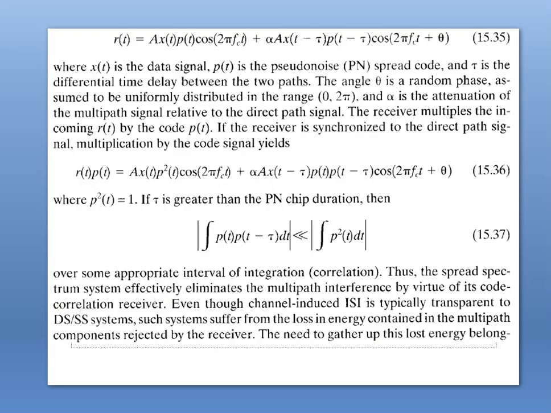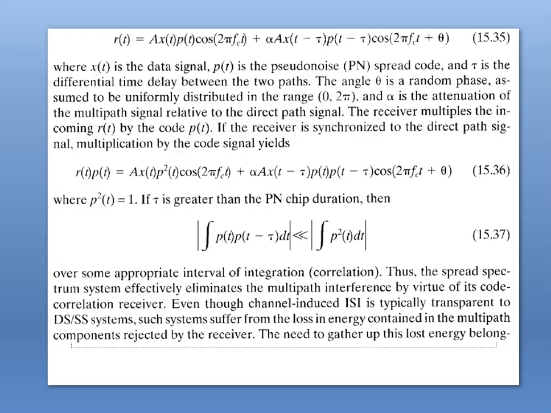If tau is greater than the chip duration, then the integral of p(t) times p(t minus tau) dt must be less than the integral of p squared of t dt. Over an appropriate interval of integration, like correlation, the spread spectrum sequence efficiently eliminates the multipath interference by virtue of its code correlated receiver.